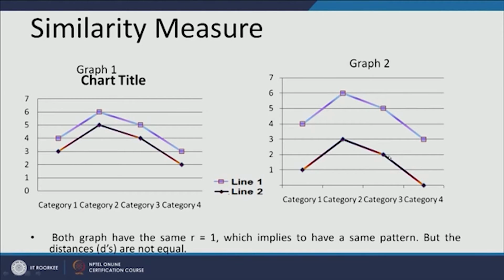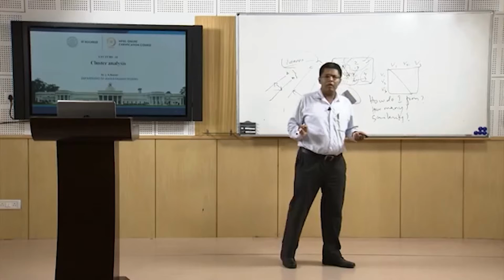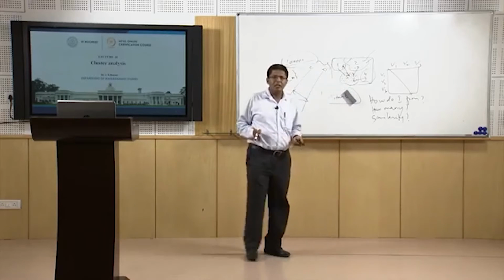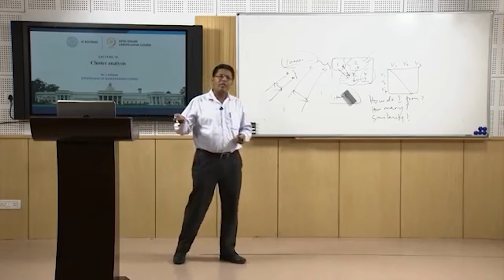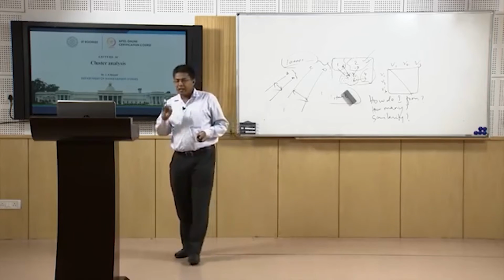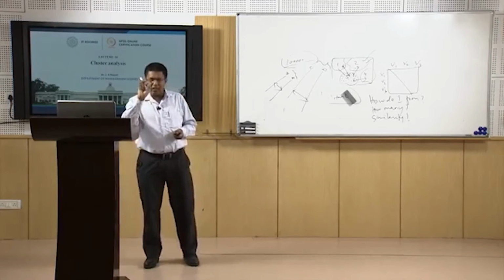So, these two will get a different interpretation in cluster analysis, but in the case of a factor analysis, they would have looked very similar. That is the basic difference.